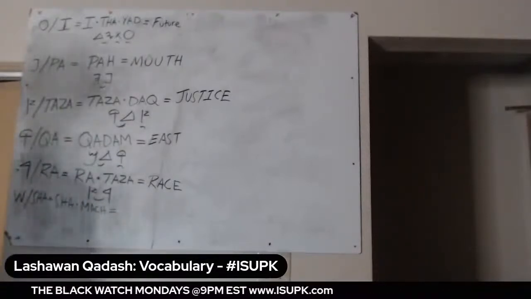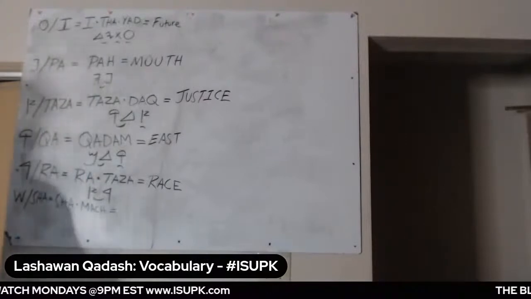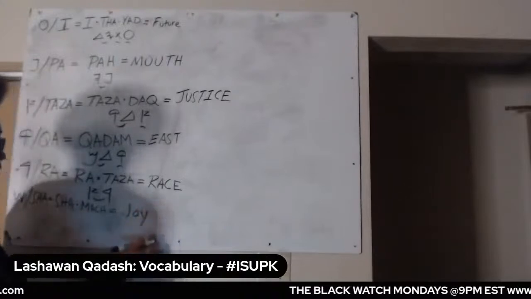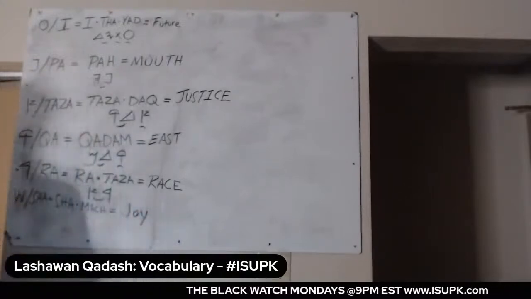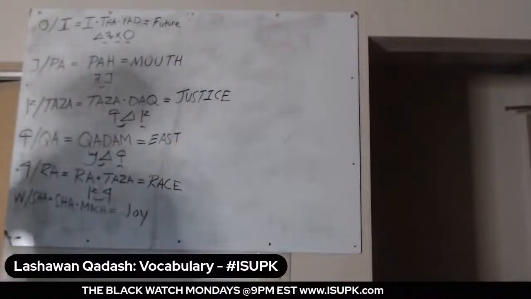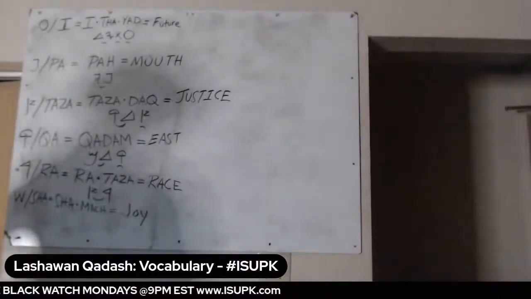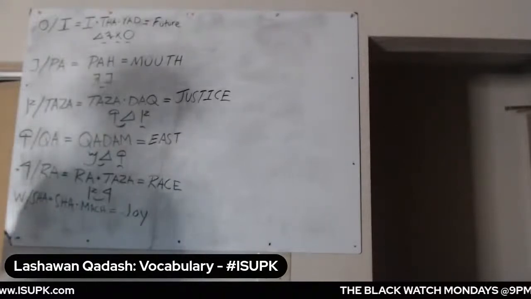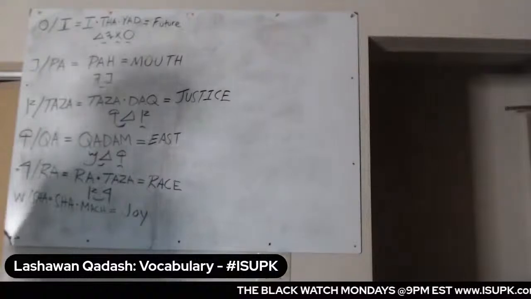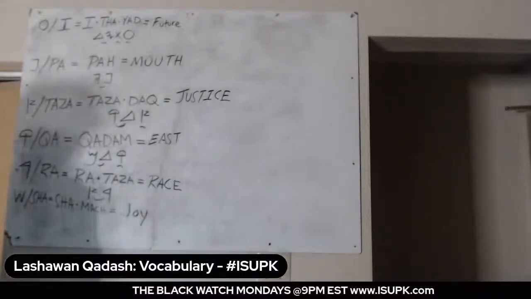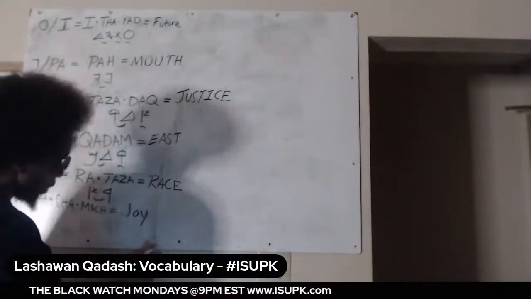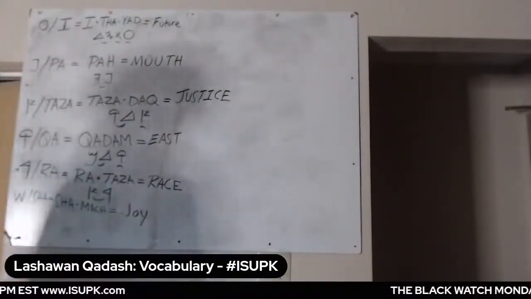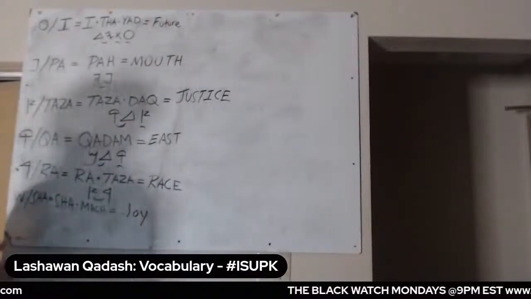Which means joy in Hebrew. Joy. Happiness. Another word for joy is being merry. Being merry meaning, like Merry Christmas. Being merry is about joy, pleasure. I'll do a breakdown about that in the future as far as Christmas, Merry Christmas, and all that stuff.